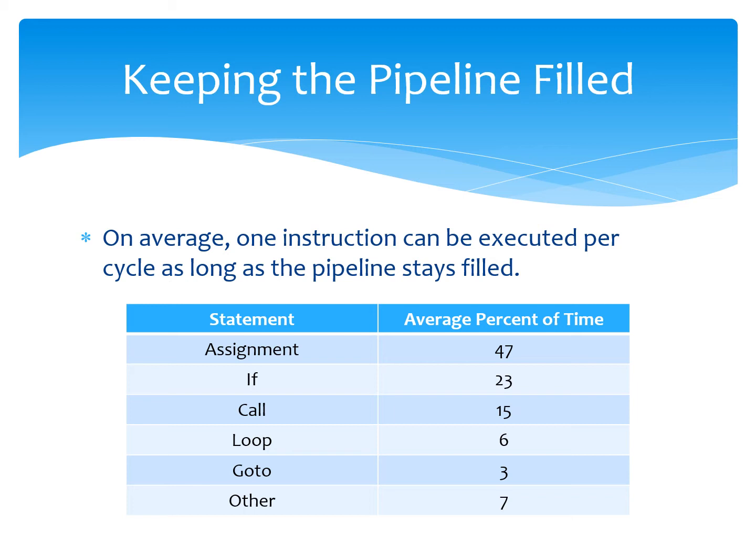Nearly half of all instructions are assignment statements. Interestingly, arithmetic and other more powerful operations account for only 7% of all instructions. It is worth noticing that approximately 1 in every 4 instructions is a branch if.